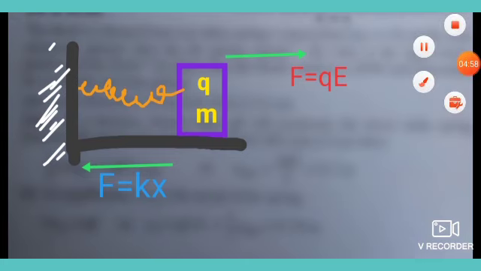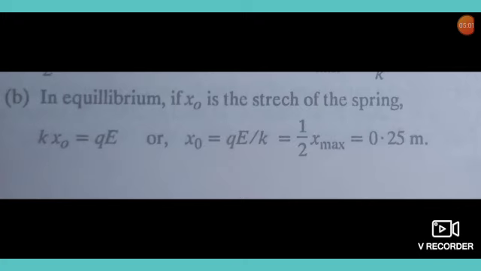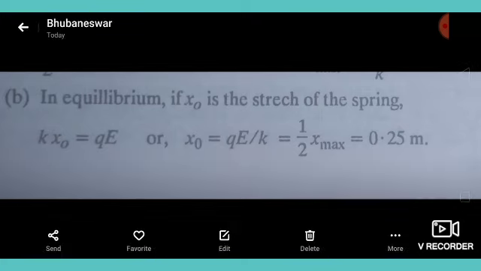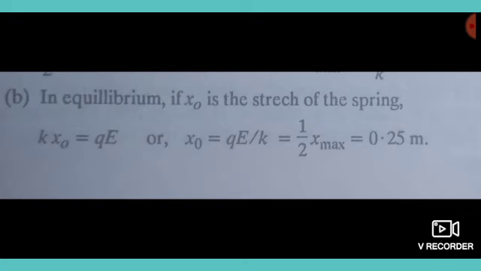If x0 is the stretch of the spring, kx0 = qE. From this, x0 = qE/k, which is half of x maximum. x maximum we already calculated, so substituting here, the value is equal to 0.25 meter. After substitution, we get the final answer.